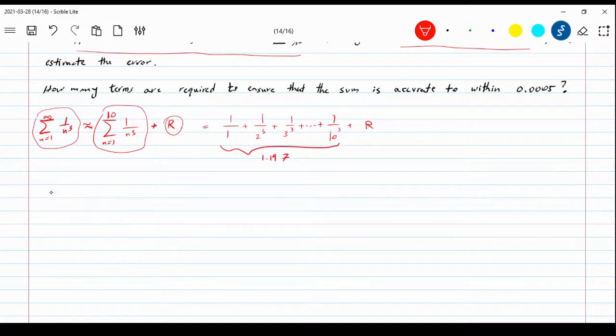The function was 1 over x cubed, and we just need to figure out the integral from 10 to infinity of 1 over x cubed dx. That would be an approximation for the tail.